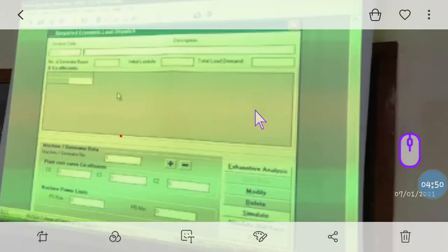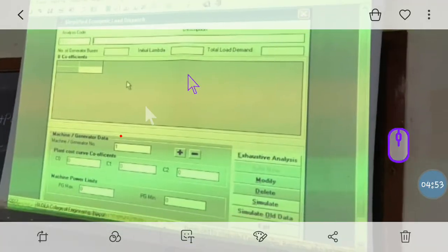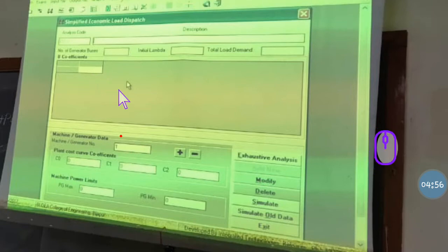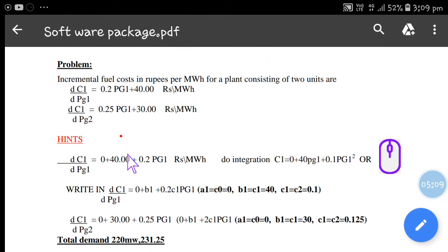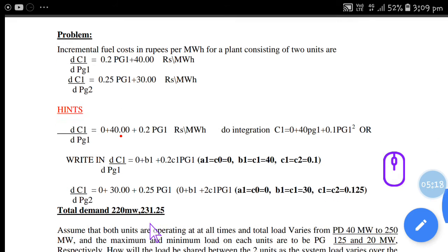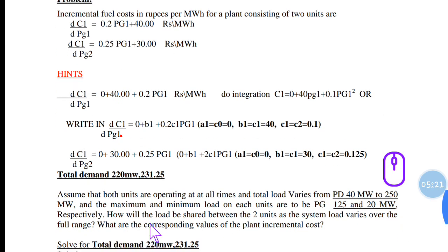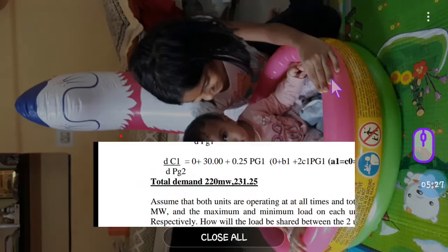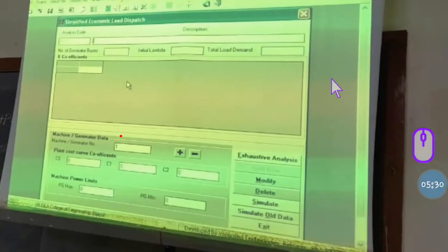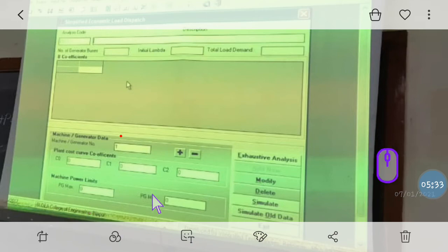You have to enter the total demand here, 220. Then for the first plant, B coefficients are not there for excluding losses, so you enter the C0, C1, C2 values and the minimum and maximum load. For the first plant C0 is 0, C1 is 40, C2 is 0.1, and for the second C0 is 0, C1 is 30, C2 is 0.125. You can do differentiation or integration, or put b plus 2ci directly. Enter all these values with minimum 20 and maximum 125.